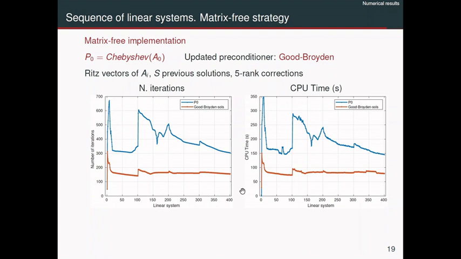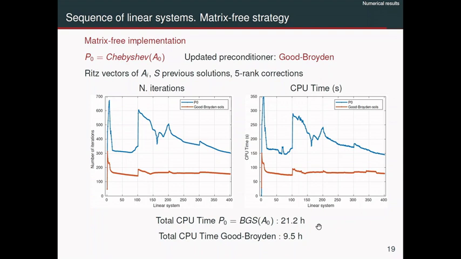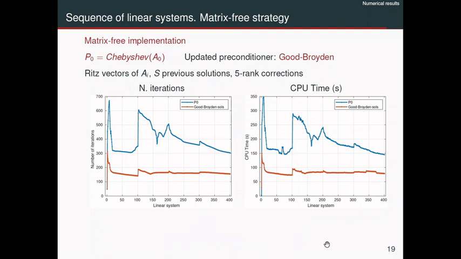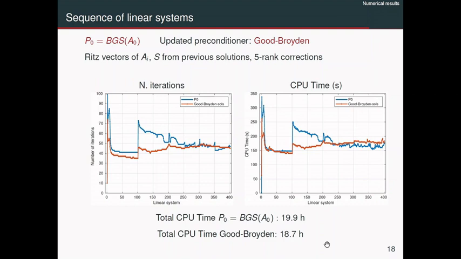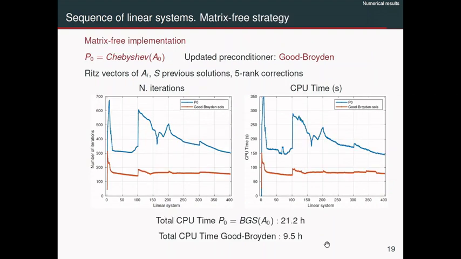If we compute the total CPU time, we can observe that if we maintain the preconditioner fixed, the time is 20 hours, but if we use the updated preconditioner, the time is reduced to a half. And if we compare with the previous case, we can observe that the time is also reduced to a half, and we don't need any memory to assemble the matrix.